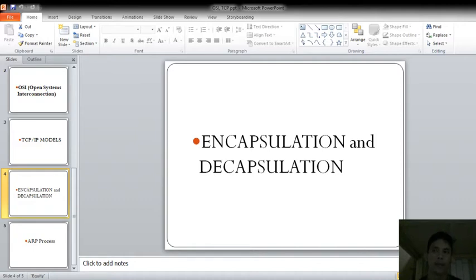What happens is each layer unpacks the corresponding header and uses the information contained in the header to deliver the packet to the exact network application waiting for the data. So we are done explaining the encapsulation and decapsulation process.